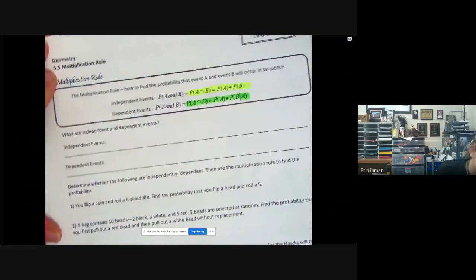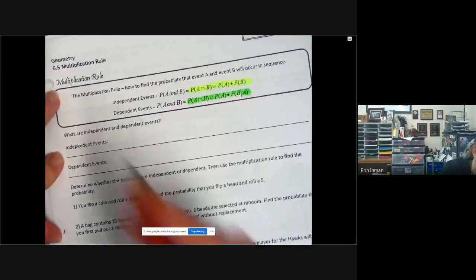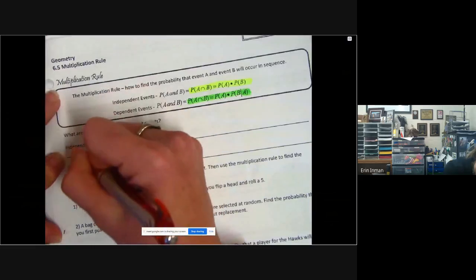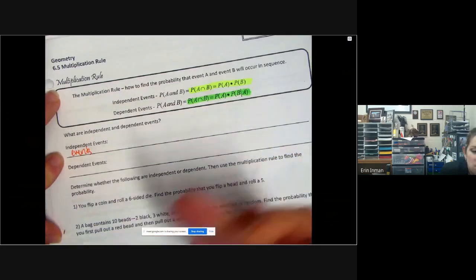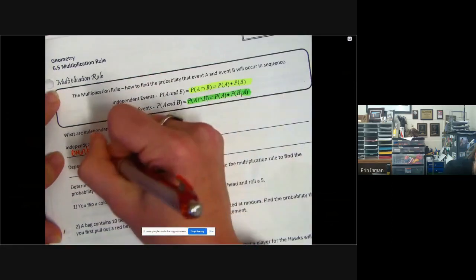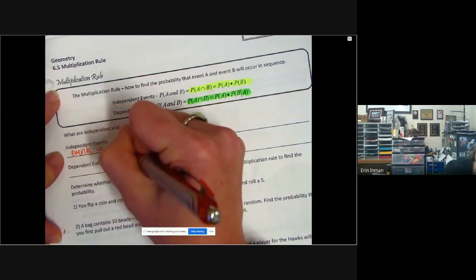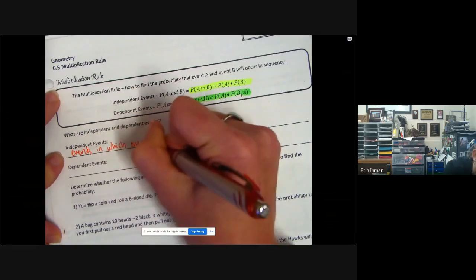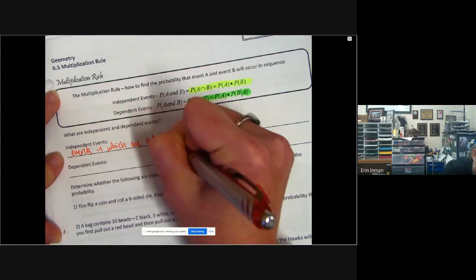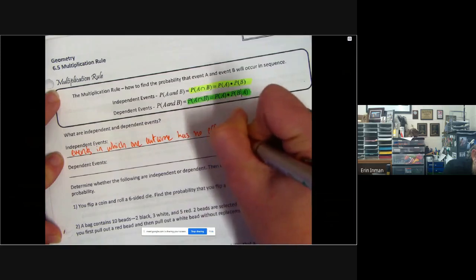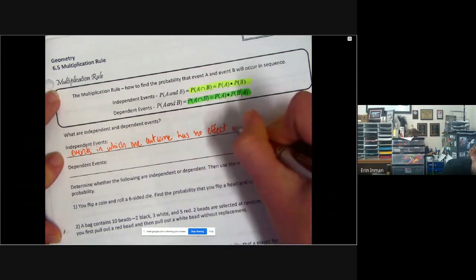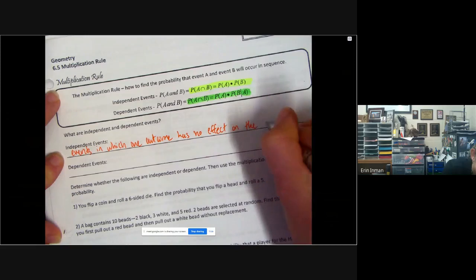Independent versus dependent. Independent events are events in which one outcome has no effect on the second outcome.